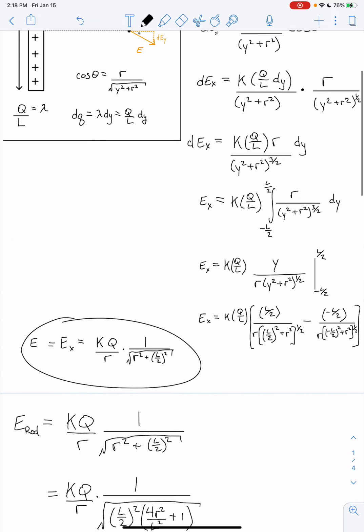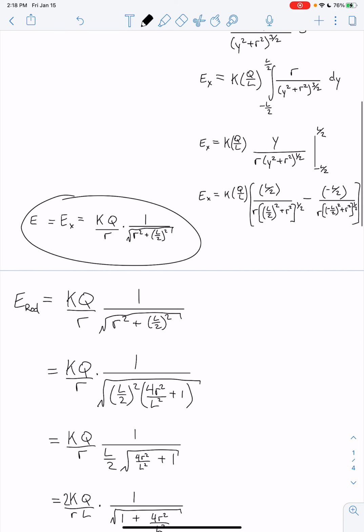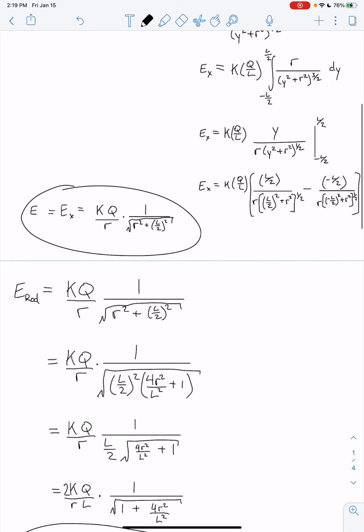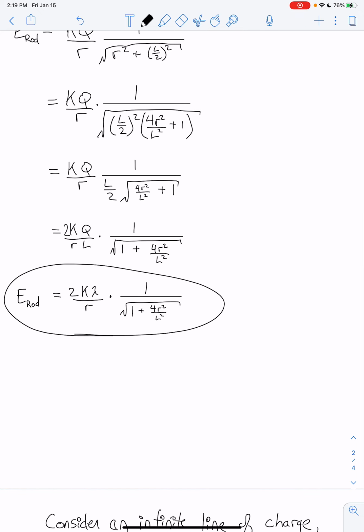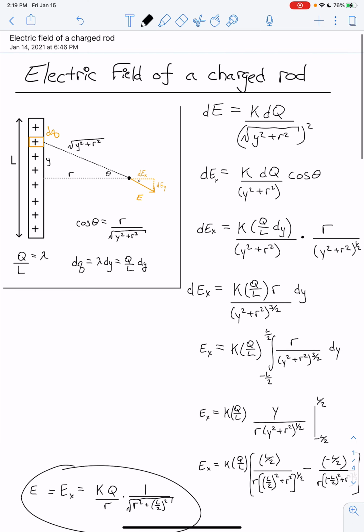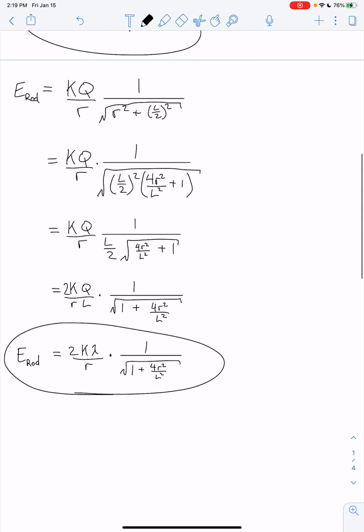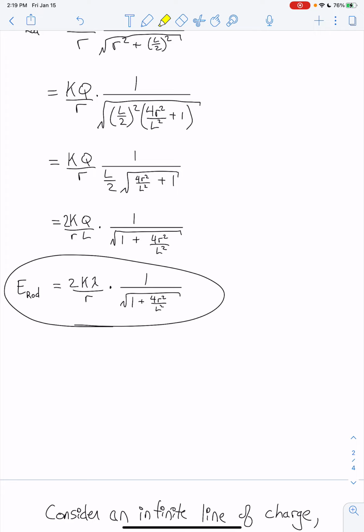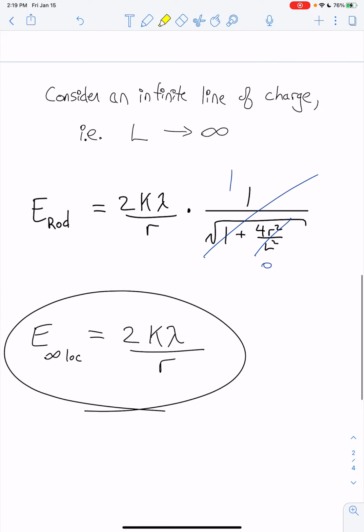We then got an equation, which was great, but we thought it would be better to put it in terms of our charge density, since that's a defining characteristic of the object. So we got an even better equation. And then you see the significance of it yet again, because when we consider what happens when this goes from a defined length to an infinite length, you're really just left with that term here. Okay, that's all for now.